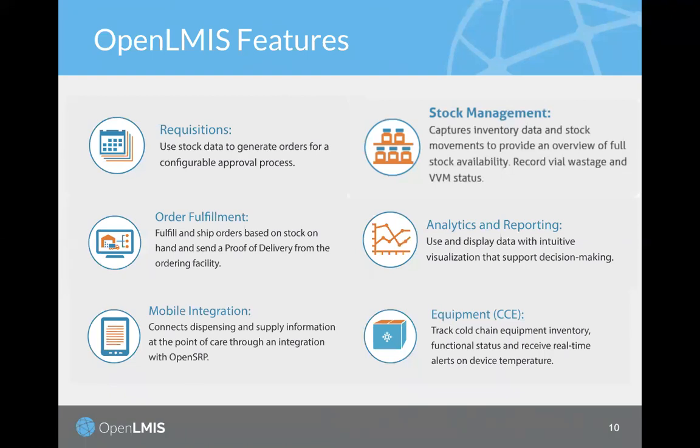So some of these key features are facilities and storage sites at any level in the supply chain can request stock based off either a min, a max, or a forecasted demand target, which we call ideal stock amounts. A store can conduct a resupply, otherwise described as order fulfillment, and send stock to facilities with an electronic proof of delivery.